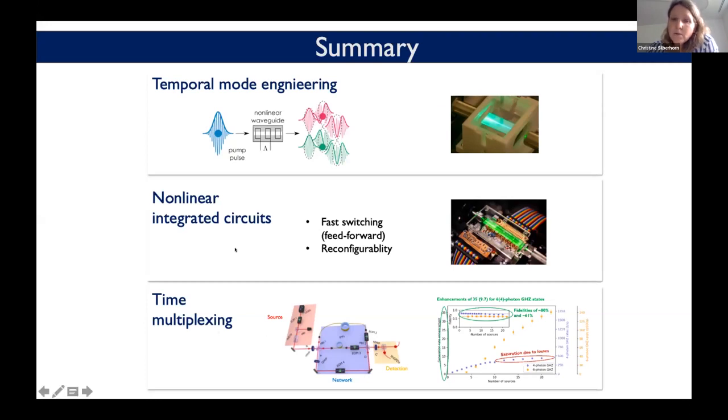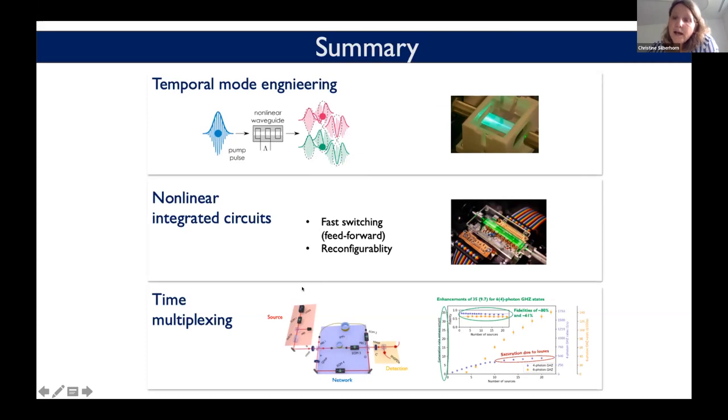And I've demonstrated for lithium niobate that we can have fast switching, which will be important for feed-forward or for source synchronization, and the nice reconfigurability. So I hope I've convinced you that lithium niobate is a nice platform for the future to implement quantum photonic systems.